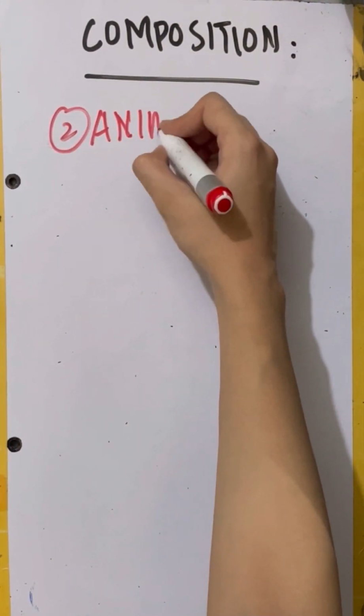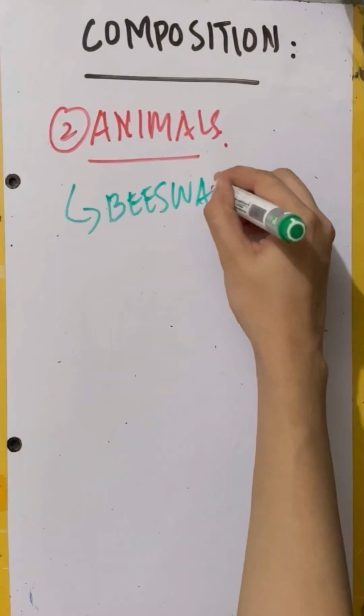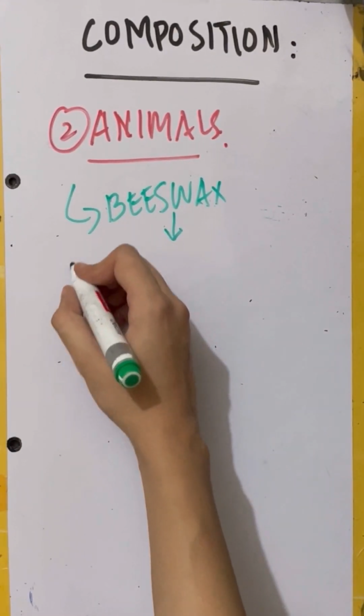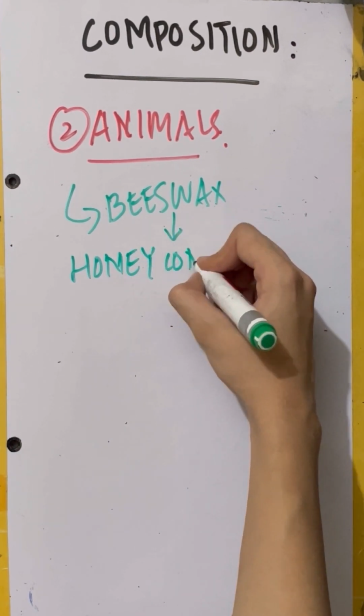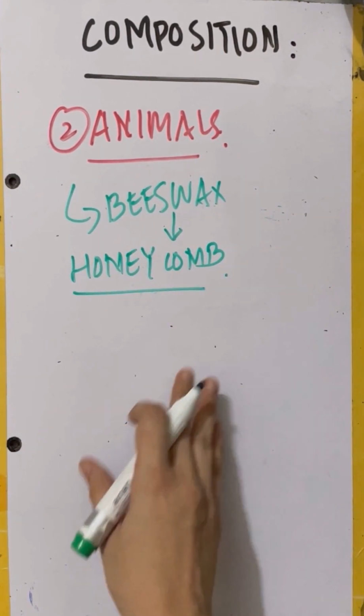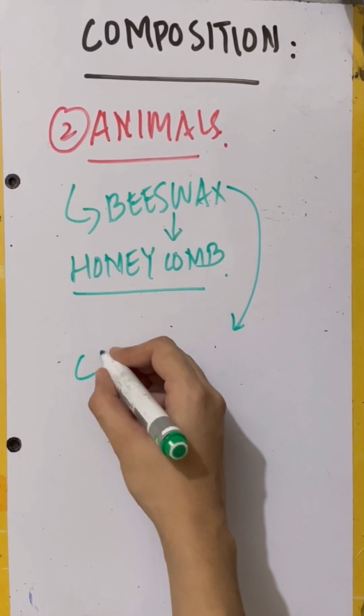The second component is animals. There are some waxes that we get from animals, such as beeswax, and beeswax comes from honeycomb. Beeswax is a crystalline natural polyester.